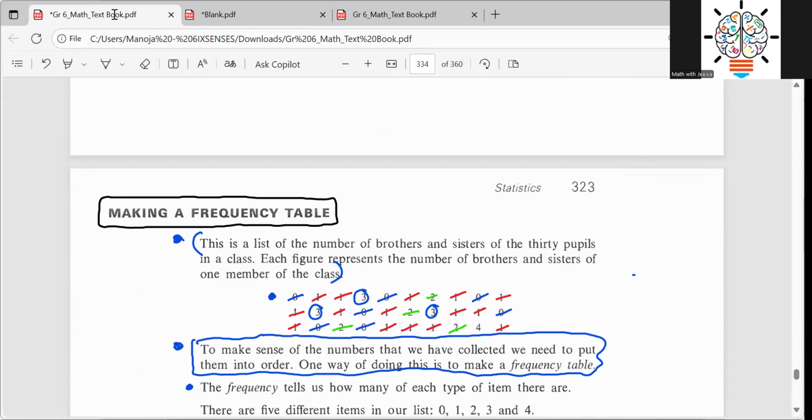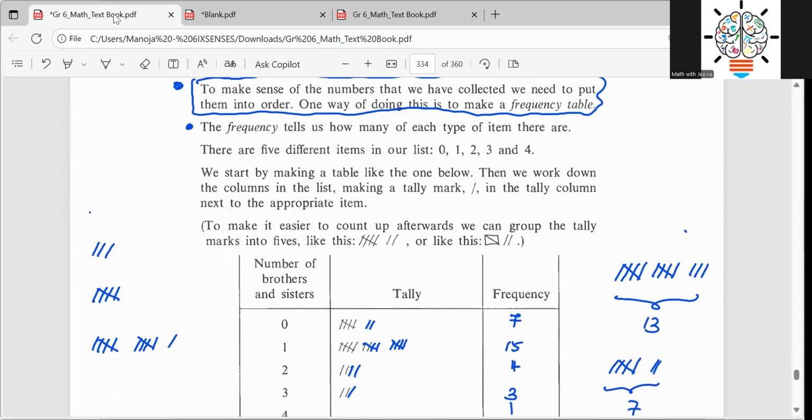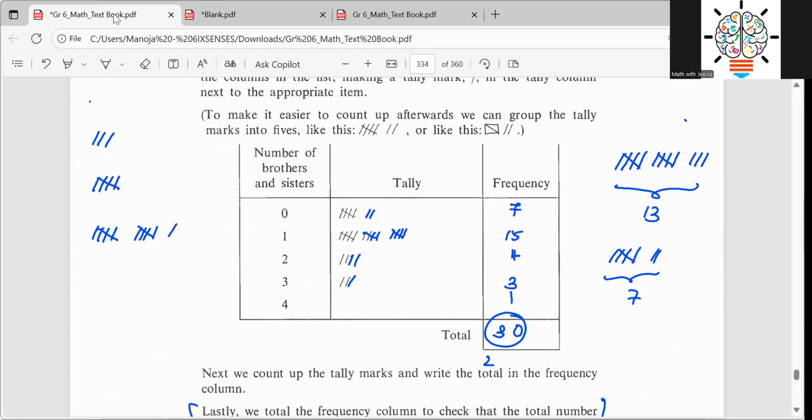The figures are here and there, not in order, so we want to keep them in order to make sense of the numbers, otherwise we can't get an idea of what they are saying. So we want to have an order. One way of doing this is to make a frequency table, and we discussed how to make one. For that we use tally marks, and I explained how you can use them.